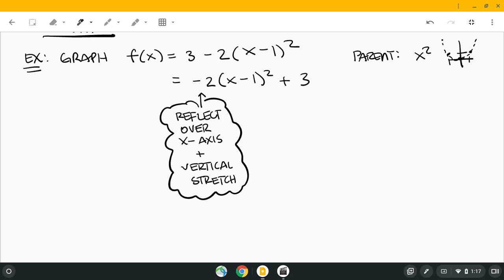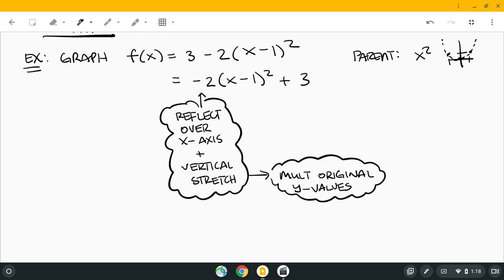And the way we deal with this is just by multiplying the original y values of the parent function. And then this one over here, that's inside with the x, so this is going to shift it right 1 unit. And this one over here will shift it up 3 units.